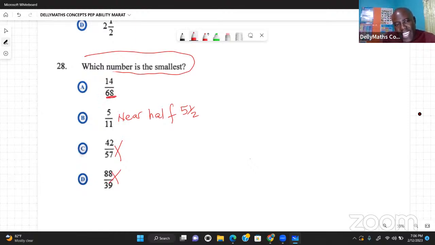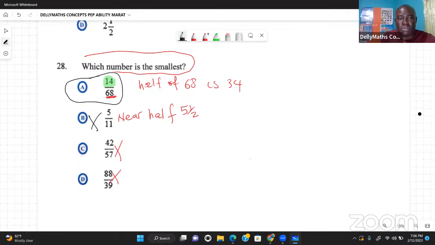Half of 68 is 34. Look how far 14 is from that. This is the smallest number here. So 5.5, this is off. That's very big. This is near 50%, but this is way off.